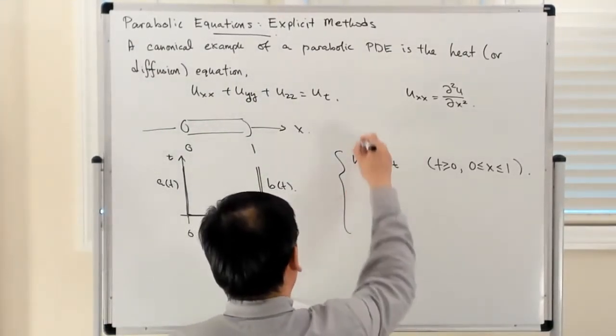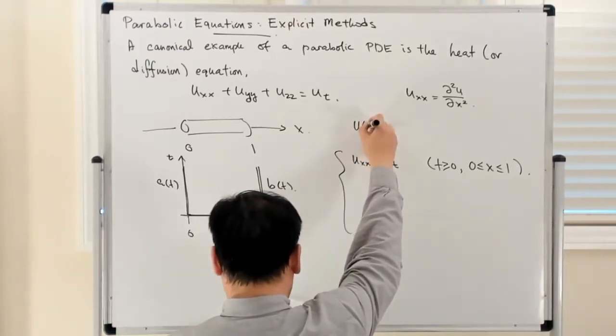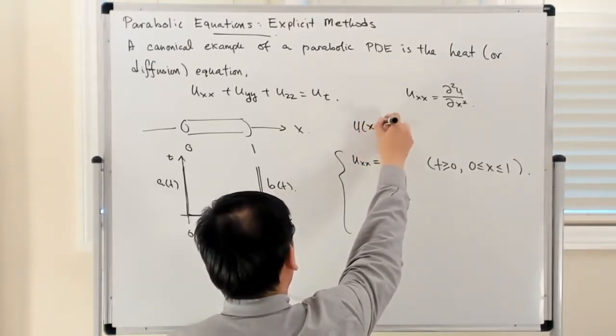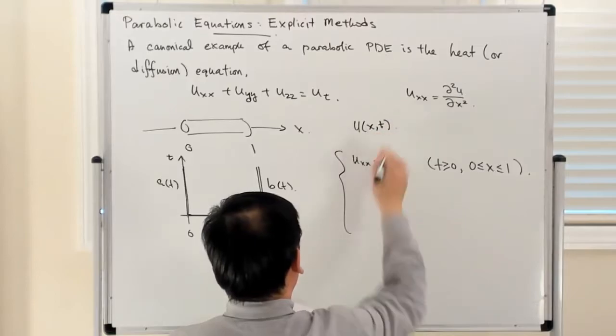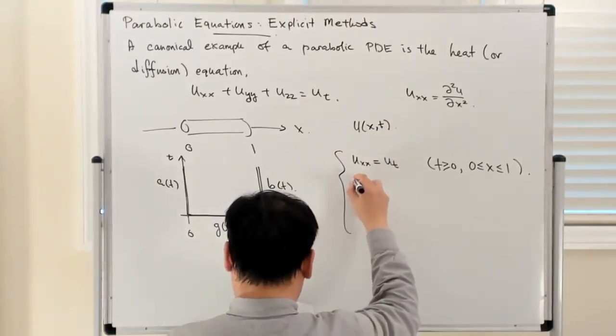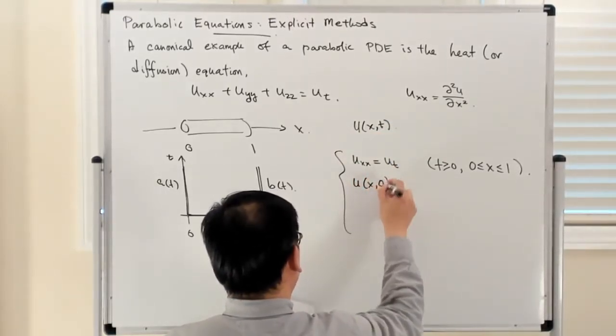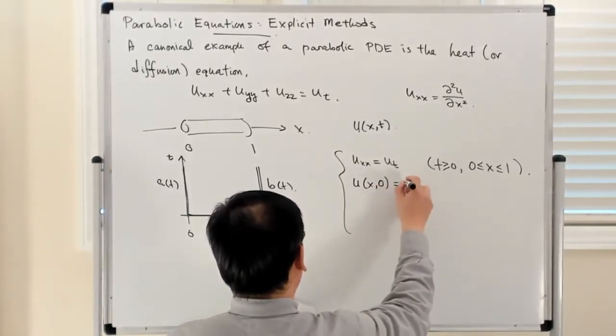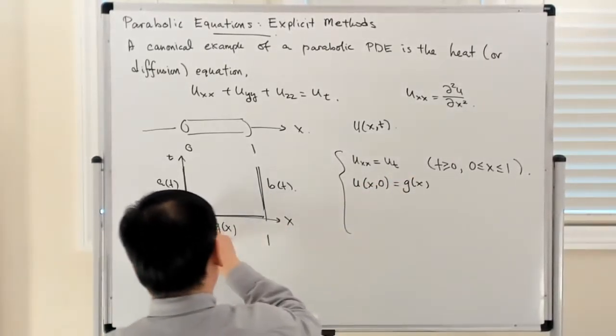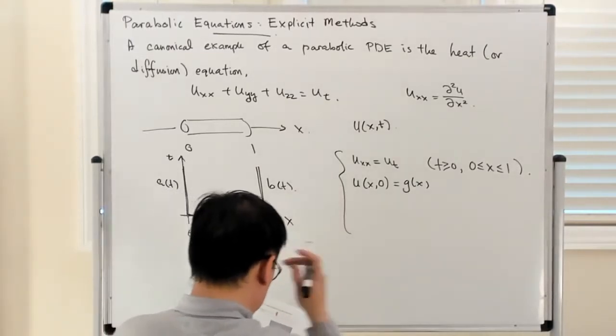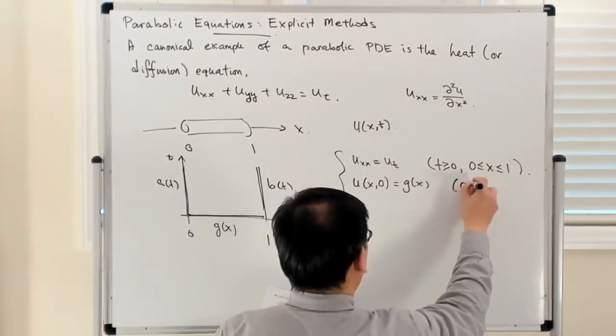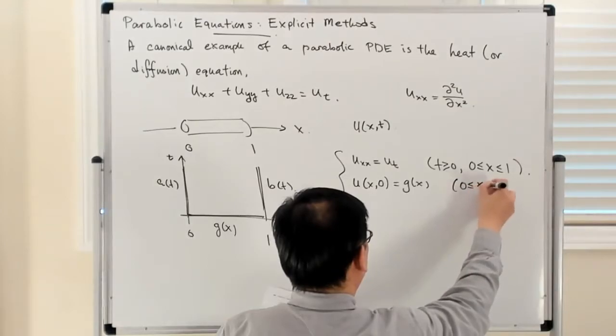The notation here is u(x, t). So u(x, 0), that's the initial time, is equal to g(x). This is the initial heat distribution, and you want x to vary between 0 and 1.